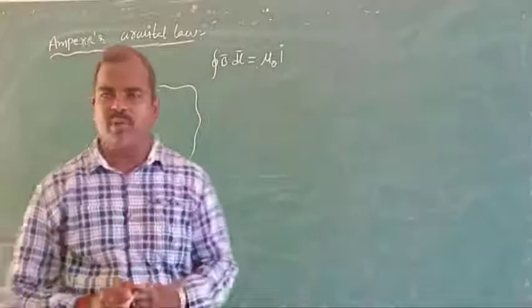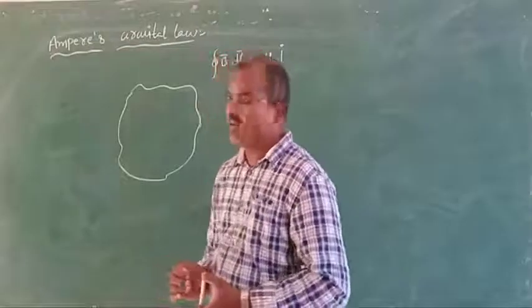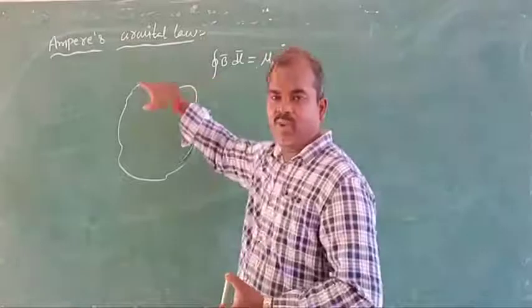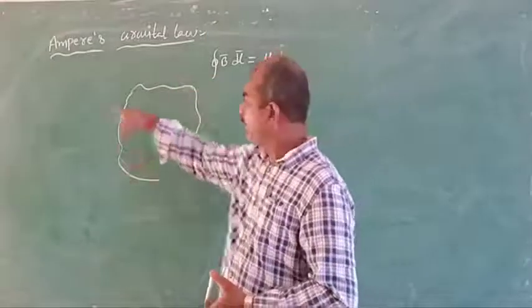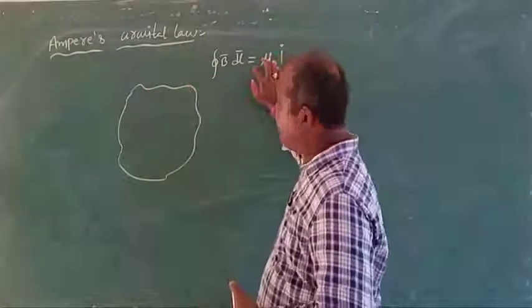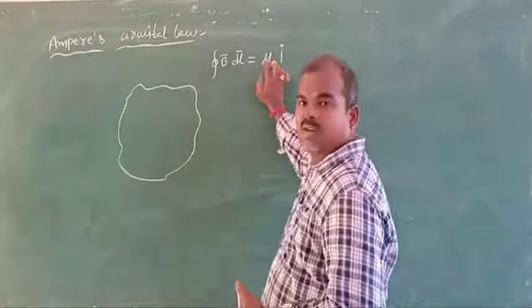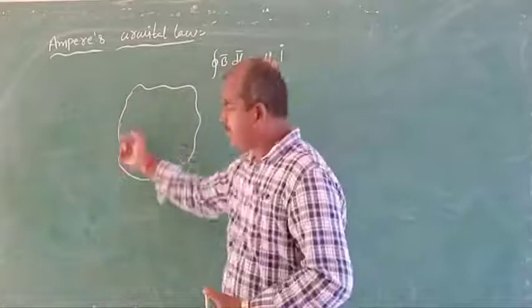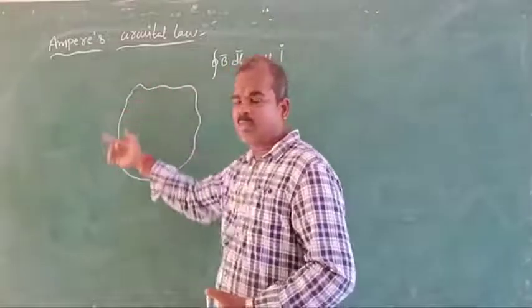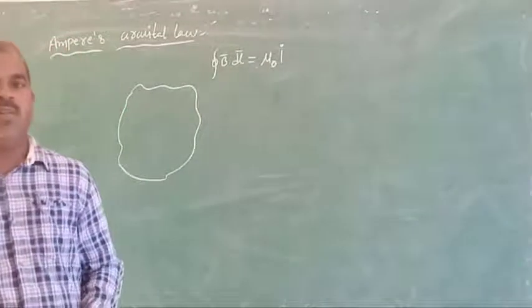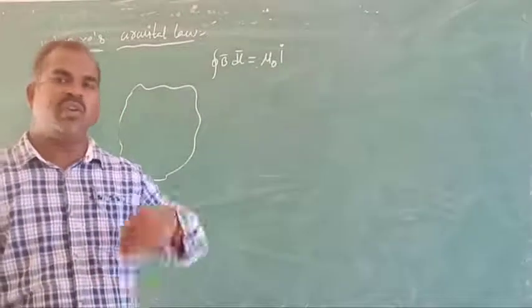The statement of Ampere's circuital law is that the line integral of a magnetic field due to any closed path is equal to mu naught times the net current enclosed by the closed path. It may be a circular loop or any shape of the body.